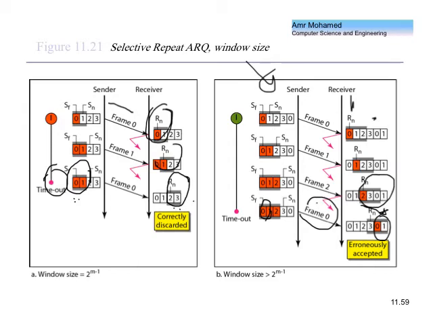So the total size of the sender window and the receiver window should never exceed the sequence number, which in that case is 4. So if it's 4, this means that the sender window should have 2 and the receiver window should have 2. Okay? Any questions?